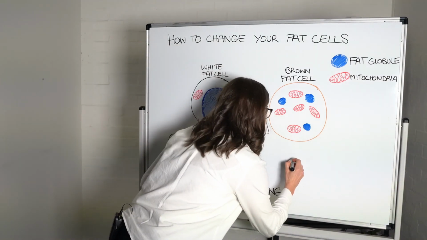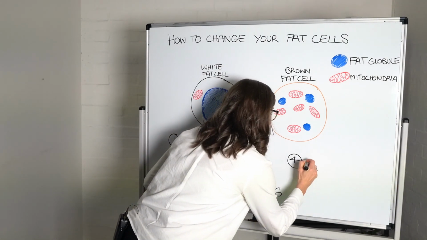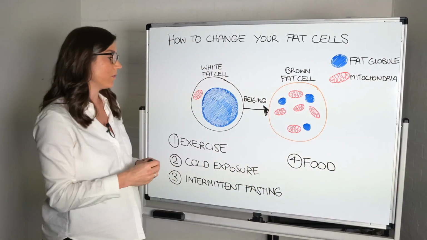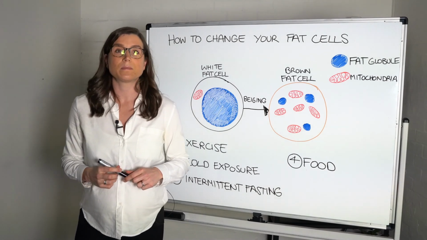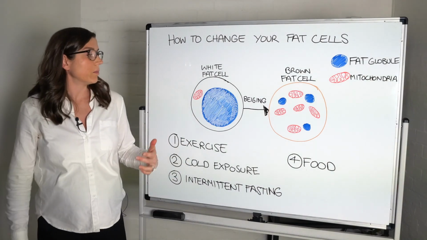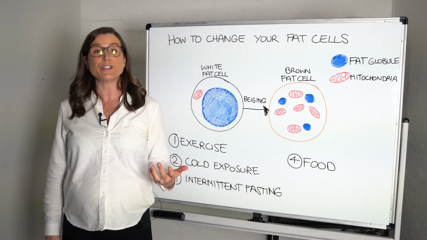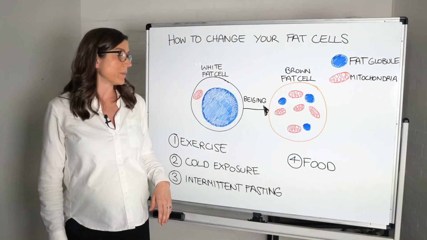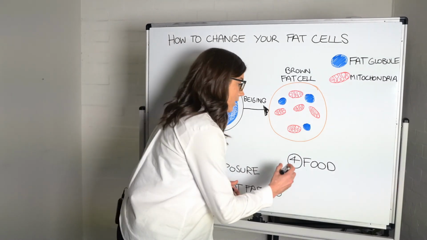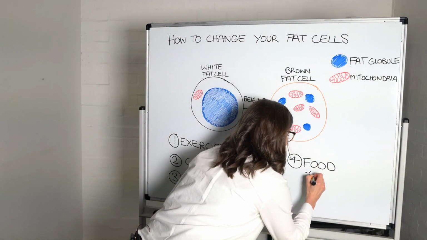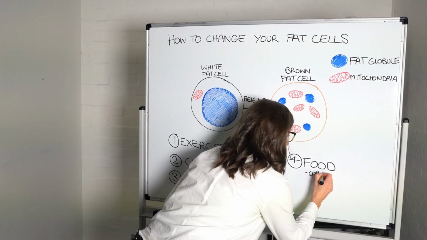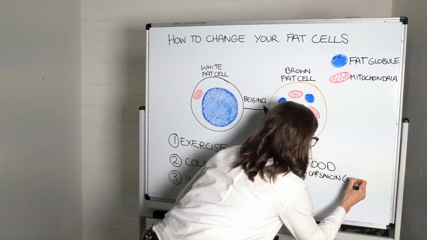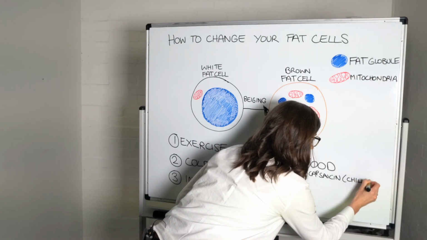Okay, and lucky last, food. There are actually some types of food, or at least molecules in food, that have been shown to promote this beiging effect. So that includes capsaicin, which is in chilies, for example.